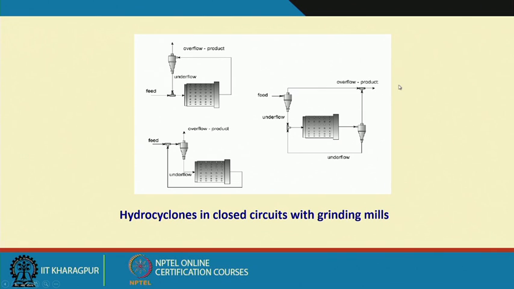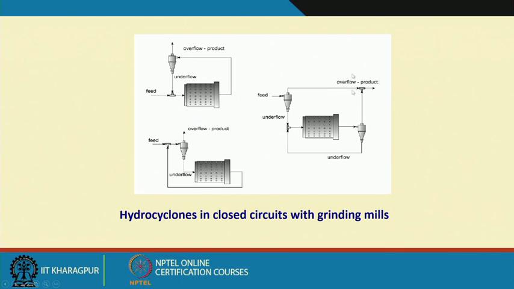So, you take that out, and the underflow you send to the mill, and then you have another cyclone, and this overflow we mix with the already finer product here, and we assume that they are of equal sizes, and this underflow again is recycled back here.